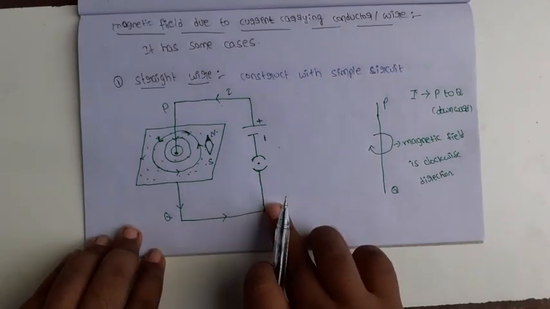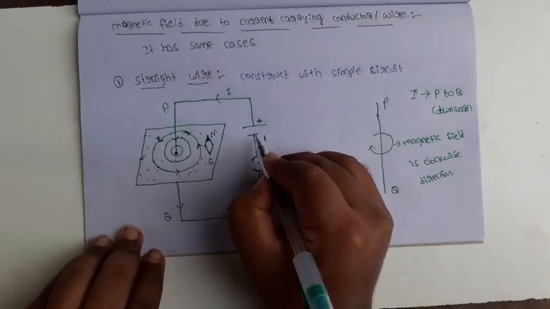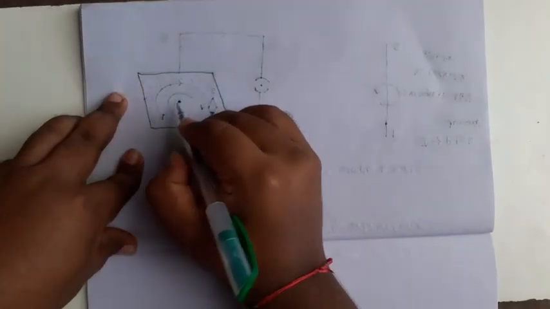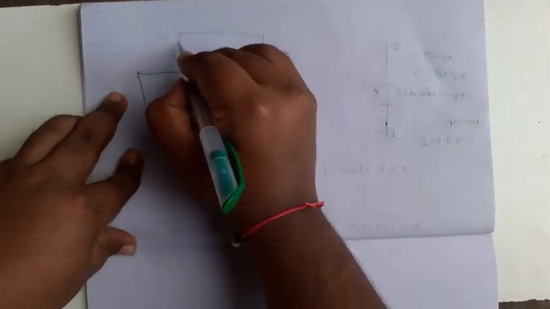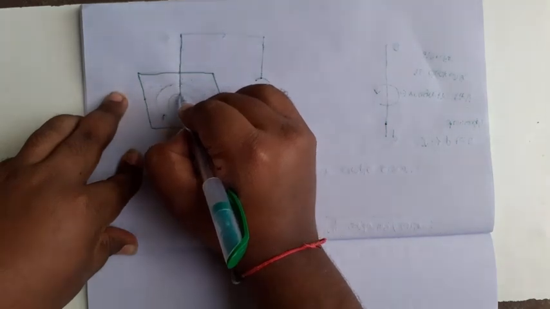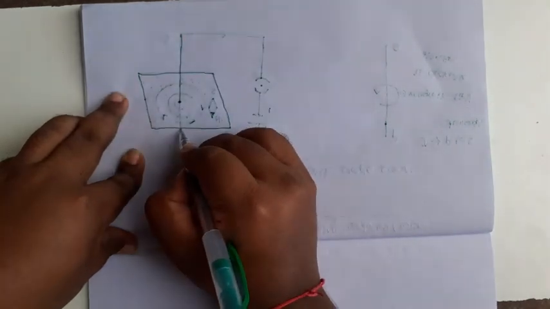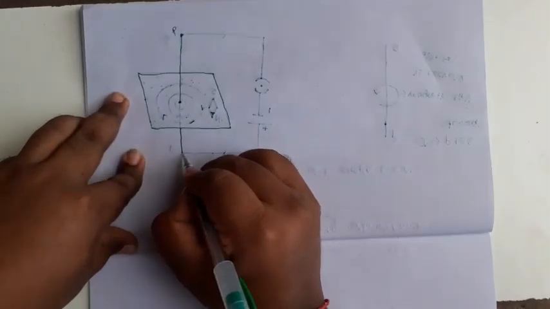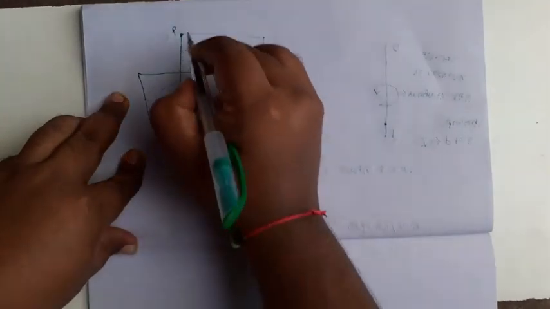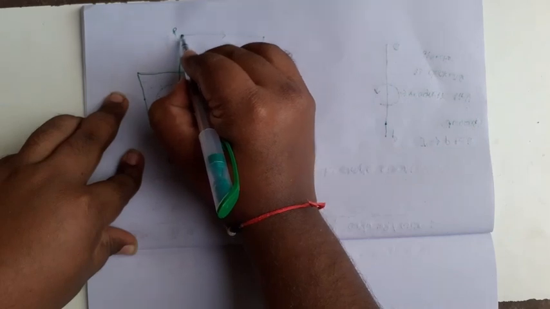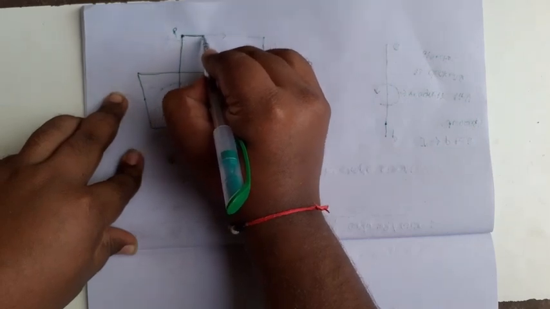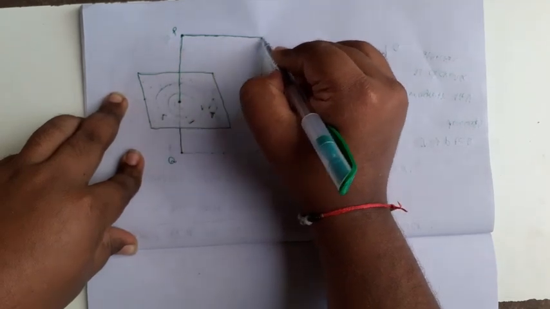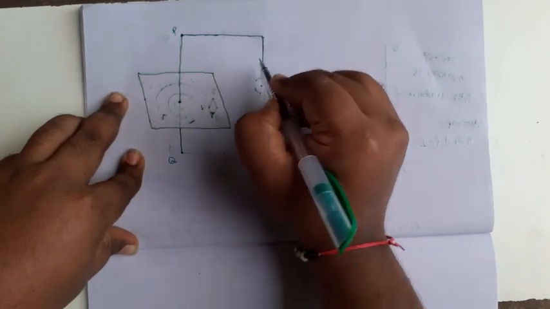Now repeat the experiment by changing the current direction. This is the cardboard; make a hole at the center and place the conductor PQ. This is point P and this is point Q. The P terminal of the copper wire is connected to the negative terminal of the battery.